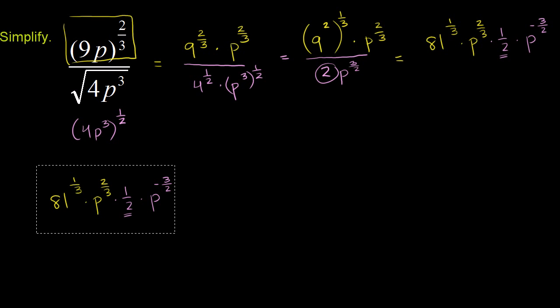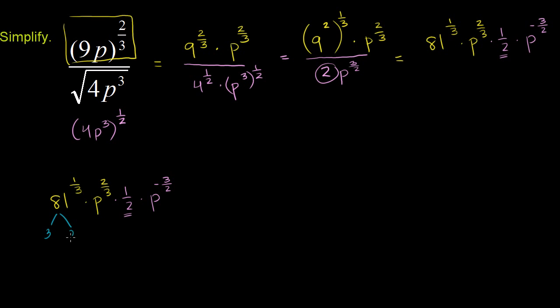Let's see if we can simplify this even more. So let's think about 81. When we take something to the 1/3 power, we're taking the cube root of it. So maybe we can factor it into things that do have cube roots and other things that don't. 81 is divisible by 3.